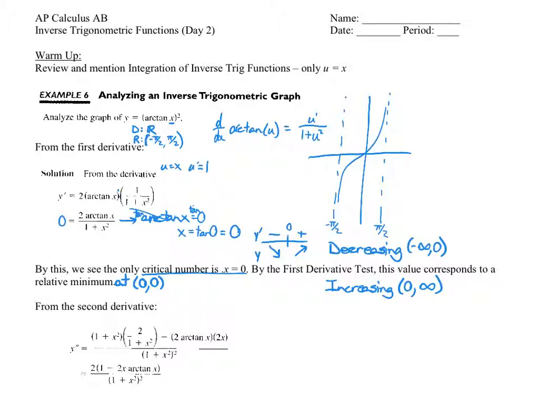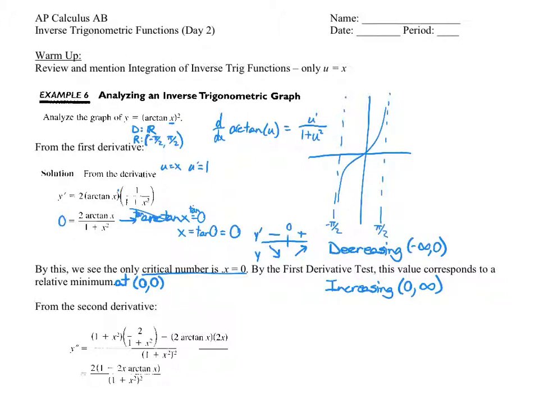Now, the second derivative. That's talking about our increasing and decreasing. Now we're going to look at the second derivative to determine concavity to finish our analysis. So, second derivative using the quotient rule. We have the derivative of the numerator.